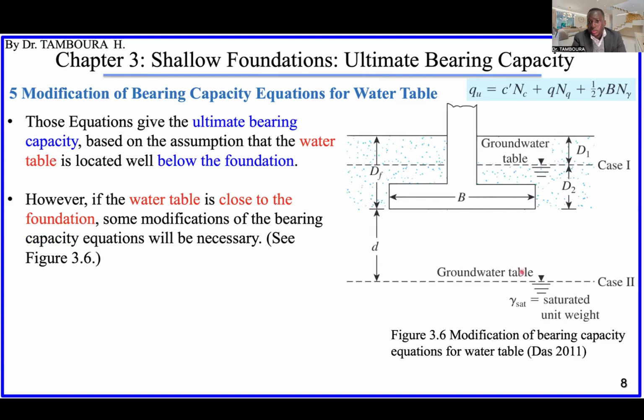Here is an illustration. This figure will help us deal with this. For example, we may have the water table just here. In this case, what will happen? How will we modify these equations?